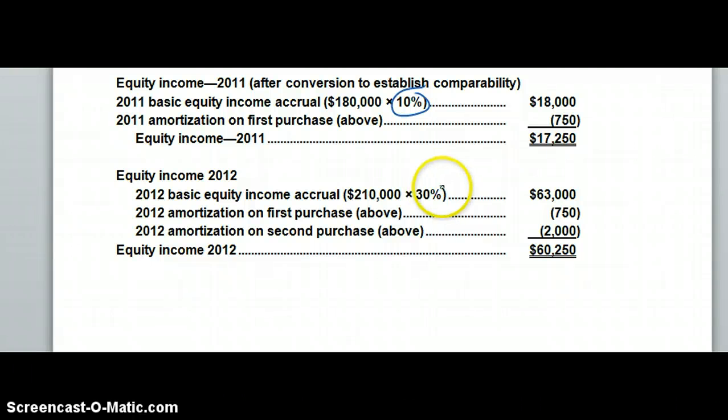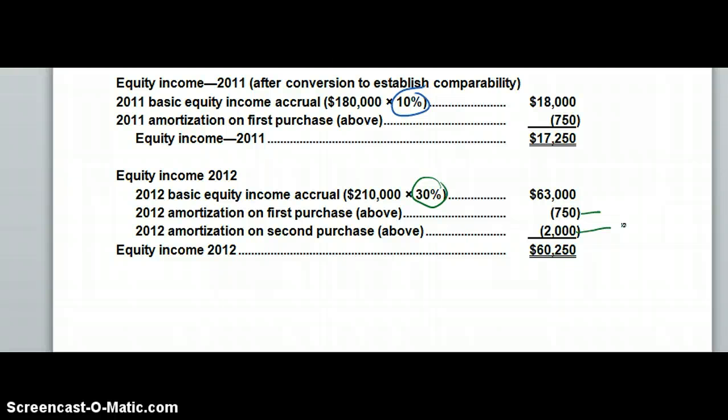30% of earnings of $210,000 would be $63,000. We have two sets of amortization, one from the excess we paid for the first purchase of 10%, the second for the second lot, the other 20% we purchased, of $2,000.